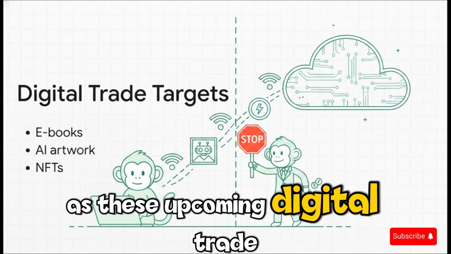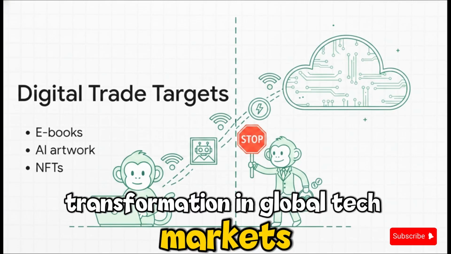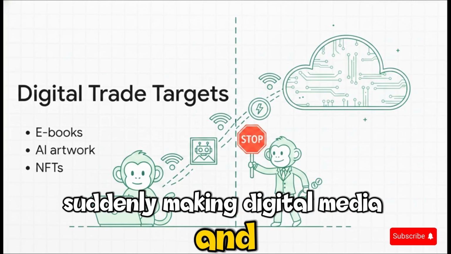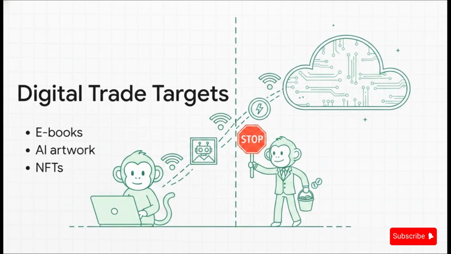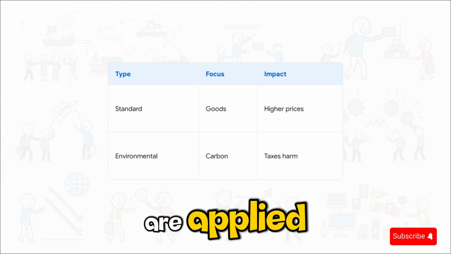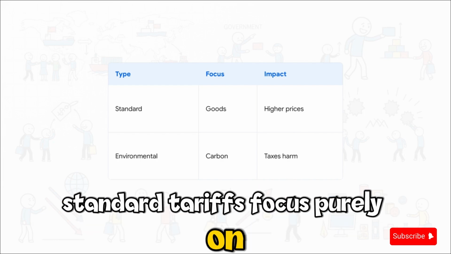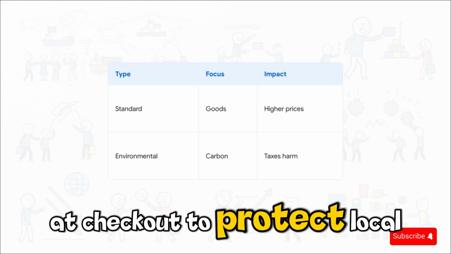As these upcoming digital trade rules solidify, we could see a massive transformation in global tech markets, suddenly making digital media and software significantly more expensive for the everyday internet user. We're also seeing a massive shift in exactly why tariffs are applied. Standard tariffs focus purely on physical goods and money, which results in higher prices at checkout to protect local industries.